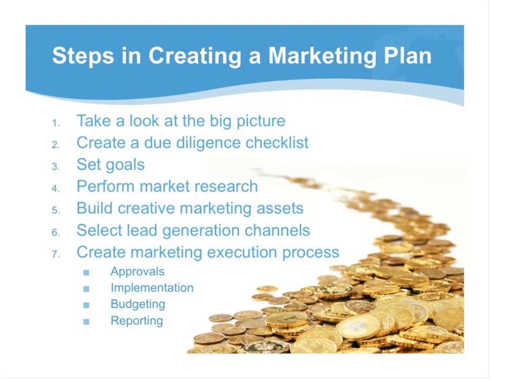This is what many people consider to be the marketing plan. It's important to look at all the available options. Budget constraints and performance metrics will steer you in one direction or another, but I'm going to give you the full suite of different options available to you. And finally, seventh, create a robust execution process that includes approvals, implementation, budgeting, and reporting. Developing reports to measure progress is of the utmost importance. So this is kind of setting the tone today for what we're going to cover.